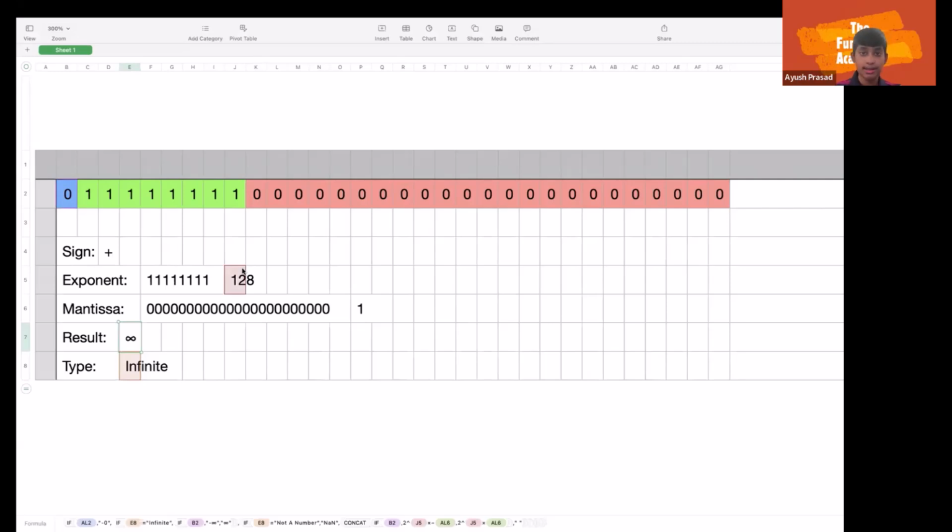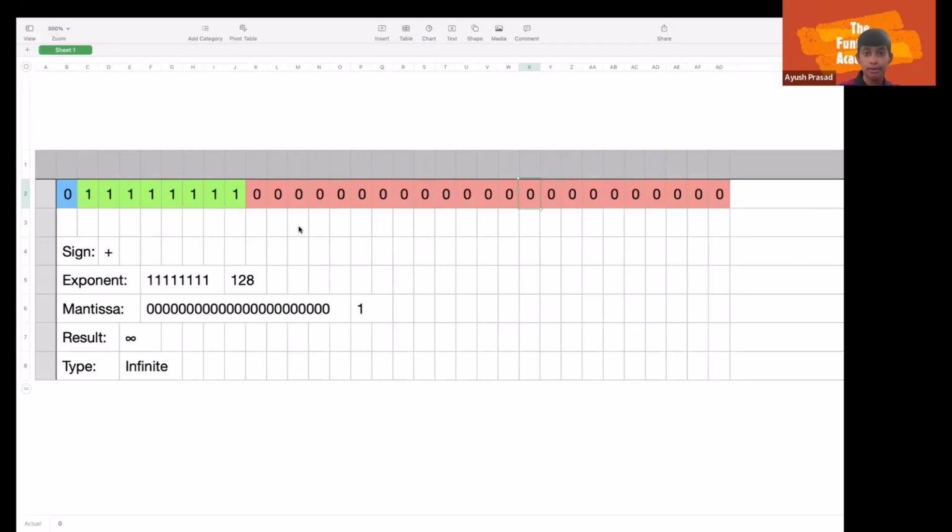So 1 divided by 0 isn't undefined or NaN, it's simply infinite. But if you try to execute something like 0 times infinity, well, that's NaN. There's no way to really answer the question of really small number times really big number. So we just get not a number, undefined, NaN. So that's it. We've covered the 4 extra types of floating point numbers: zeros, infinities, subnormals, and NaNs.